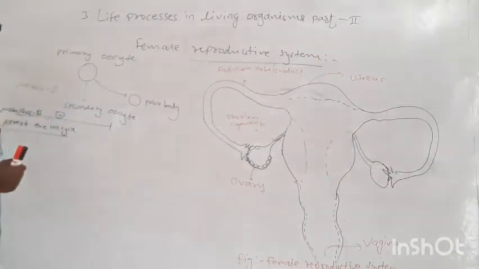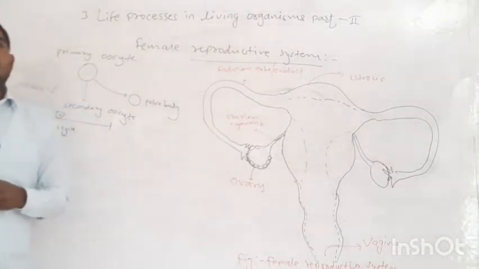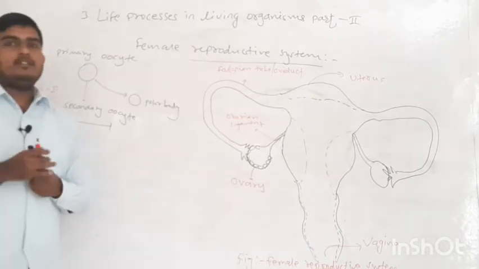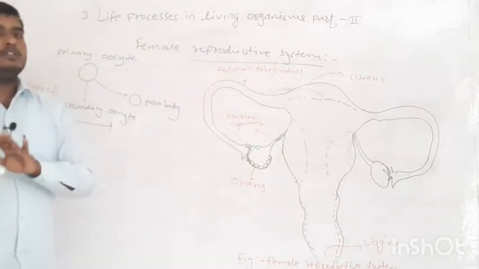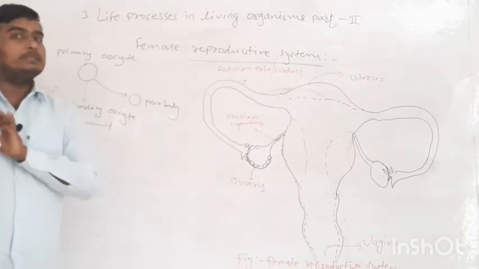Okay, and now what happens every month during the period, the process occurring in a female that is called the menstrual cycle, the MC period.